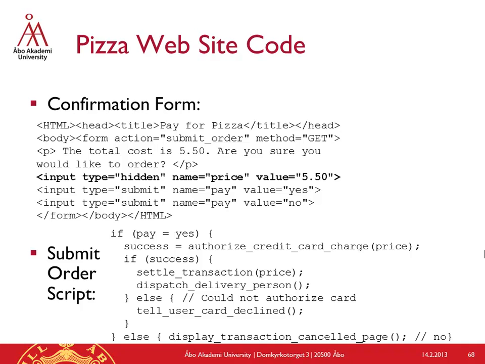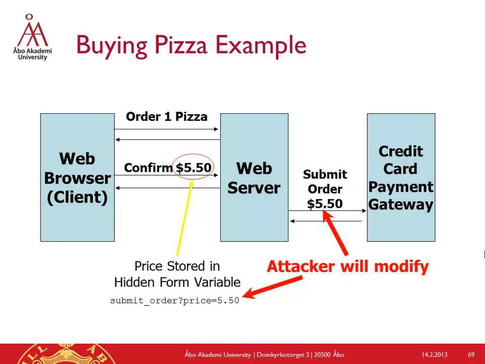Then this form is submitted by method GET. Method GET is quite well known and quite easy to implement. On the server side, we can just get this price and then charge the credit card. So everything is supposed to be more or less okay. First we want to use the normal behavior: we submit a confirmed price of this order.